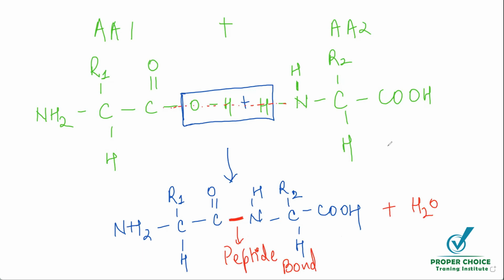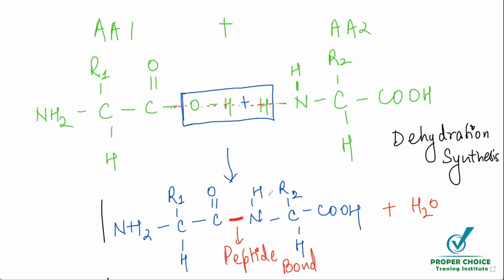So with this peptide bond, this process is given one more name. The name of that process is dehydration synthesis, or dehydration. Peptide bond formation is done by dehydration synthesis. Now how will you relate to this? When water is not there, that is dehydration, right? In this process, water is getting removed, so that is dehydration.